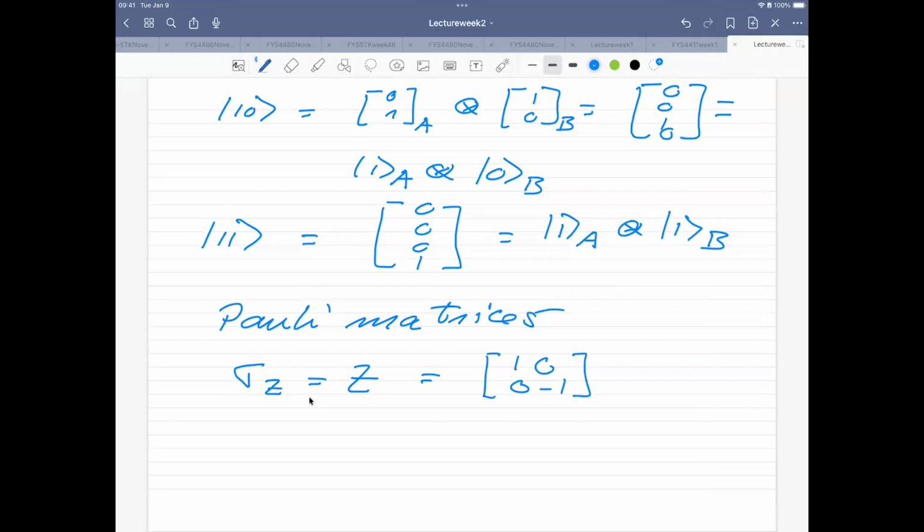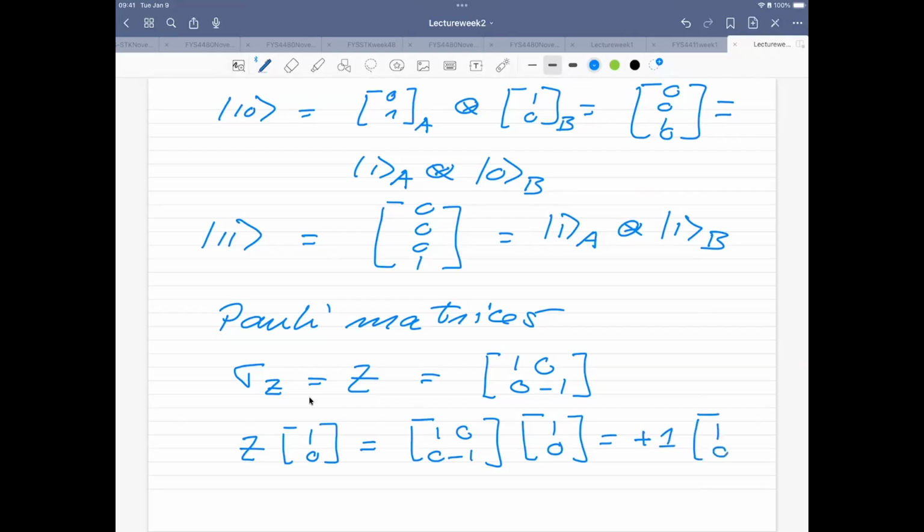And then we know that if we take the 1 qubit operations with these Pauli matrices, and we act on the state 1, 0, this is simply us doing 1, 0, -1. And if you then do the plain linear algebra operations, you will see that this is +1 multiplied with 1, 0.